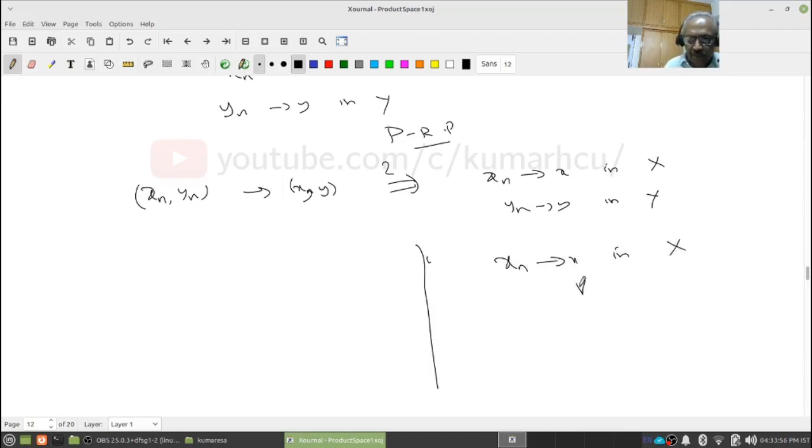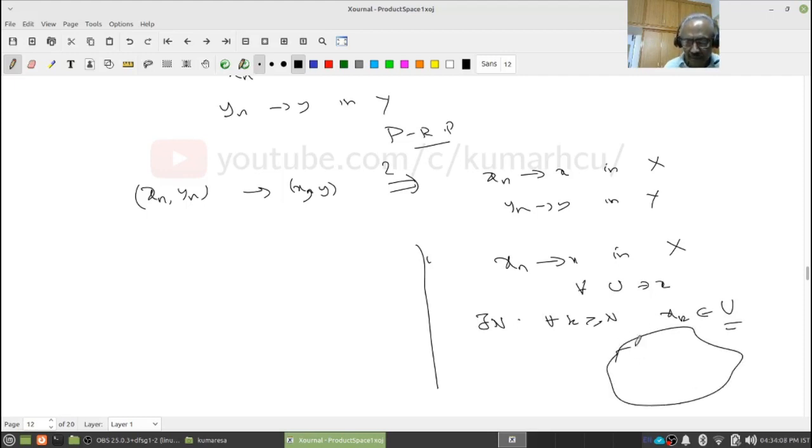Give me any open set U containing x, then there is a natural number n so that for every k greater than or equal to n, my xk lies in U. Right? This is my x, this is my U. So if k is greater than or equal to n, all my xk lie here. These are all my xk's.